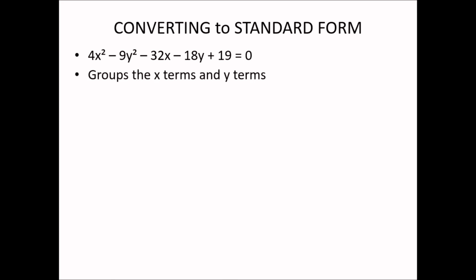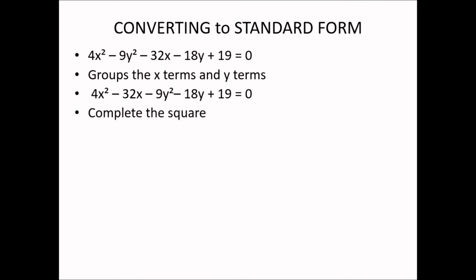First is, i-group natin yung x terms together and the y terms together. So, meron tayong 4x squared minus 32x minus 9y squared minus 18y plus 19 is equal to 0. Now, we will be using completing the square method. First is, i-factor muna natin yung dalawang terms. We have 4 quantity x squared minus 8x, minus 9 quantity y squared plus 2y, plus 19 is equal to 0.